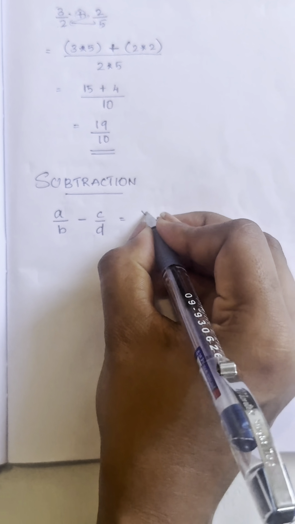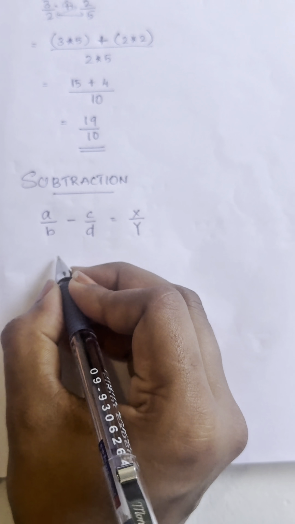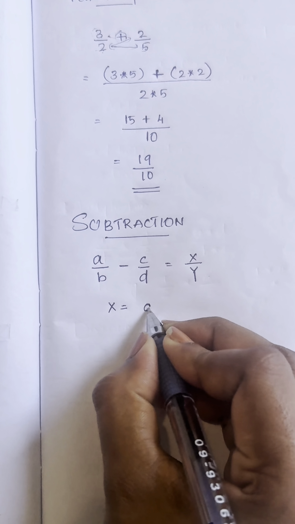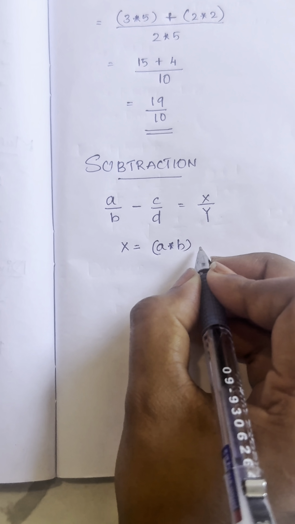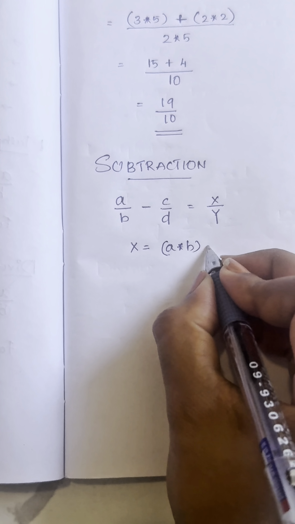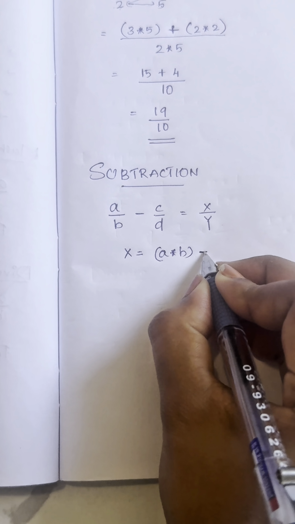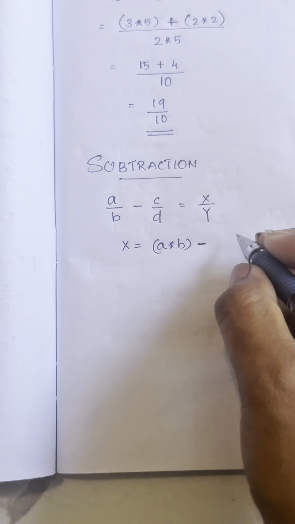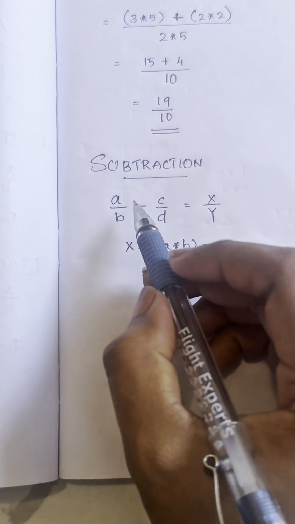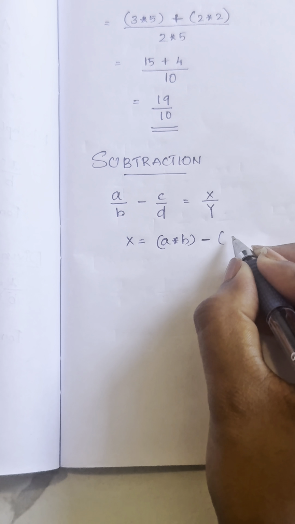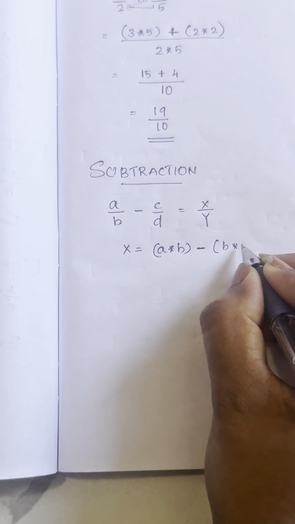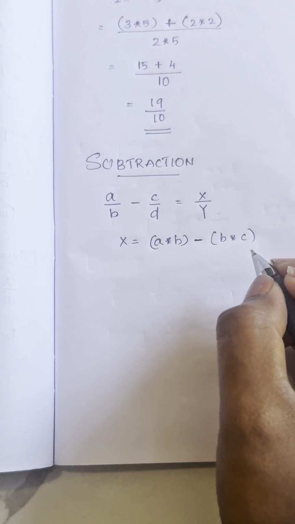So a by b minus c by d will be equal to x by y, just like we took for addition, where x will be equal to a into d, just like we did for addition, and the operation will be minus because it's subtraction, and the second part will be b multiplied with c.